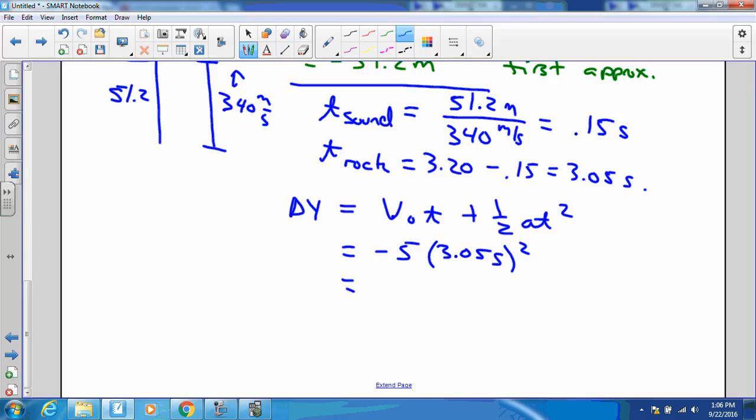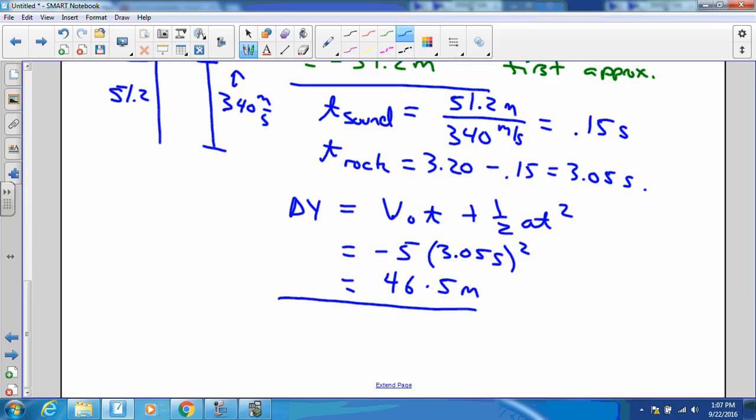Remember that v0 is still 0. And when I do this modified calculation, I get a new revised size of the cliff of 46.5 meters. This is now a second draft answer, and it is much closer to the true value.